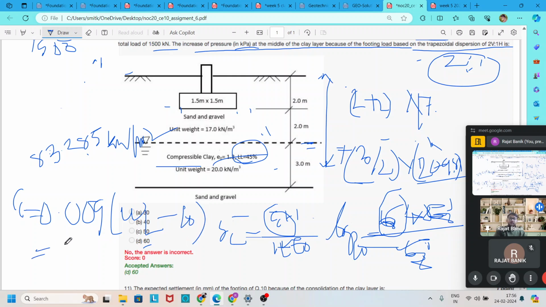In our case, 0.009 into (45 minus 10). So Cc is 0.315.